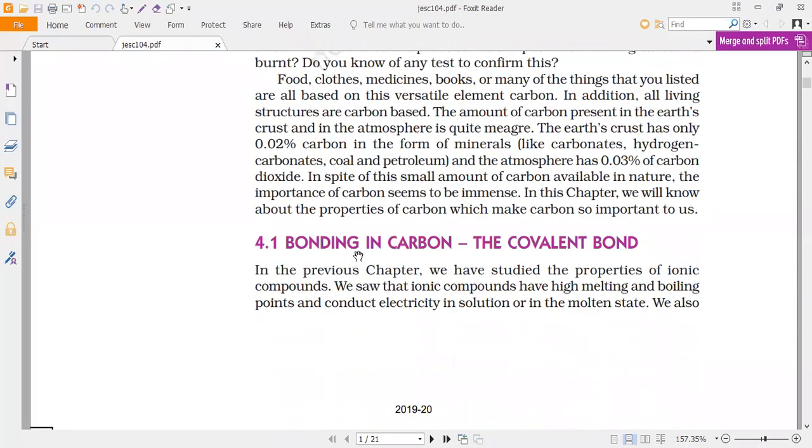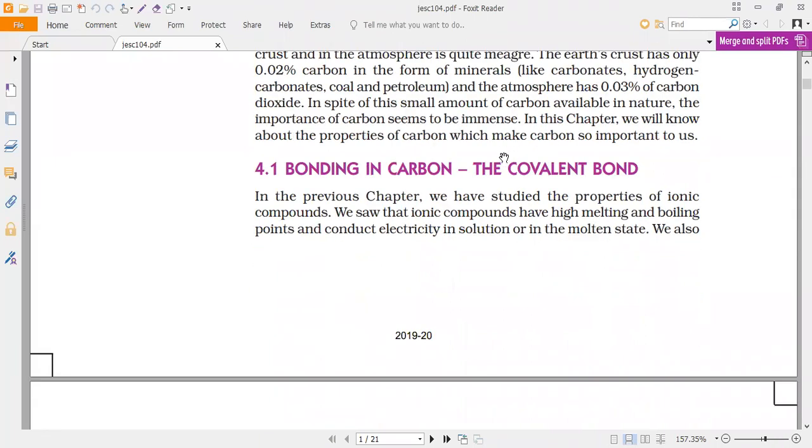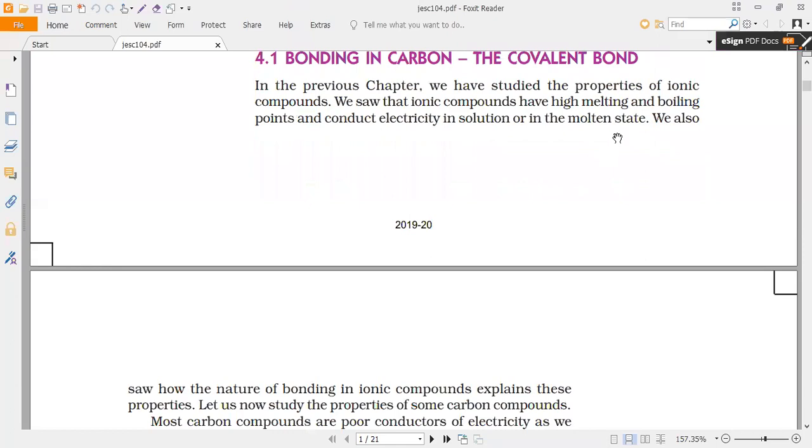Now that is bonding in carbon. As we know, what is the bond formed by carbon, everybody? Covalent bond. Understanding? And if you see, ionic compounds basically have high melting and boiling points. Yes or no, guys? Last class we studied. And they will conduct electricity in solution or in the molten state. Yes or no?